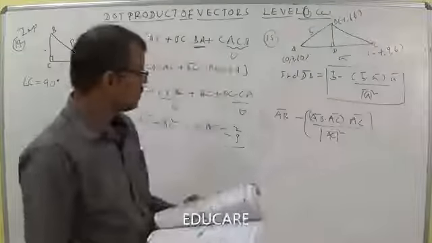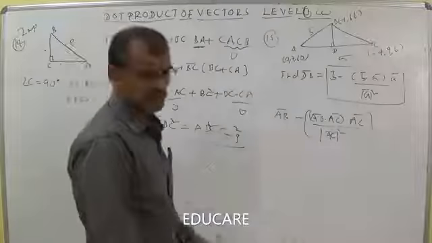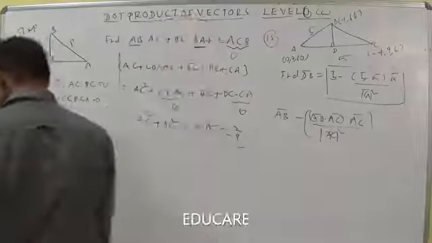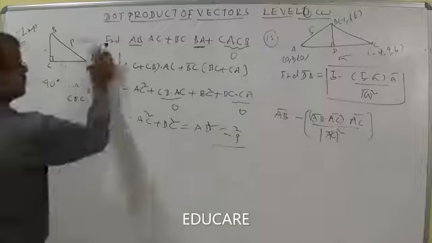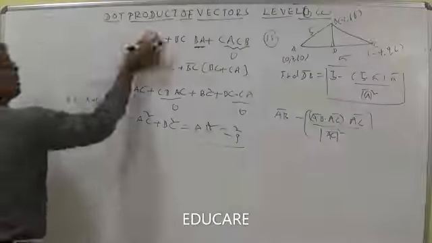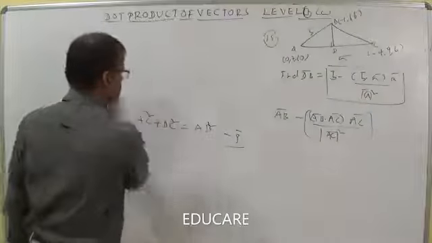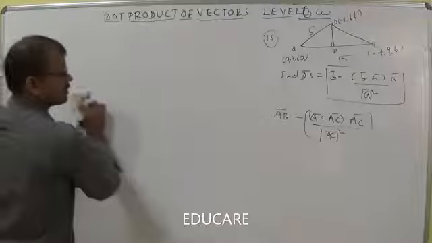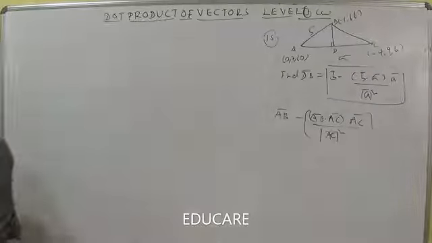That's all. He has given the vector, according to the vector you should calculate. AB means OB minus OA, position vector concept. BC means OC minus OB, AC means OC minus OA.